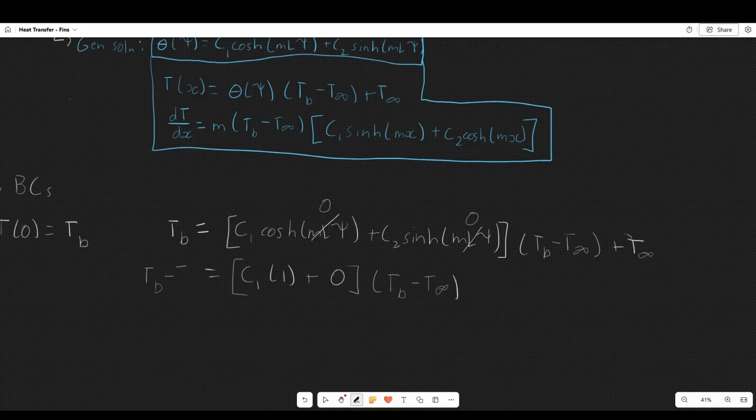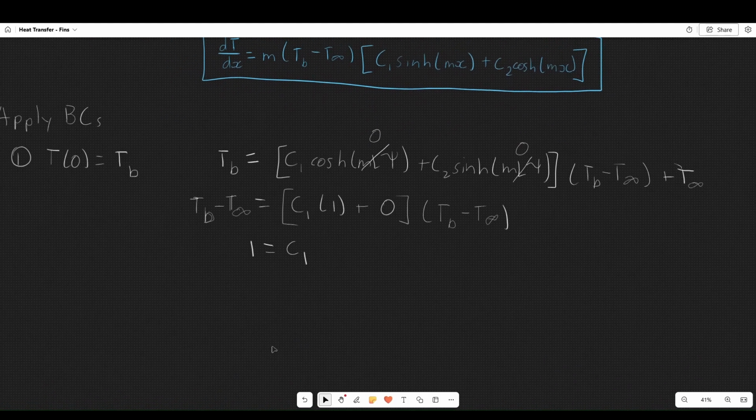I'm going to go ahead and subtract T infinity from both sides. So now you can see that we have a Tb minus T infinity on both sides. If I divide both sides by Tb minus T infinity, what I end up getting is 1 equals C1. So C1 is essentially 1. This is an important result, so I'll go ahead and box that.